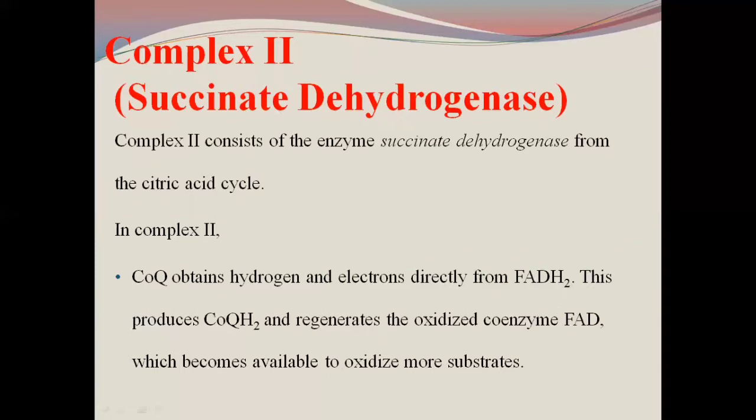So the end product of complex 2 is that the electrons will be transported to coenzyme Q, right? Coenzyme Q will take up these electrons and be reduced to the reduced coenzyme Q.